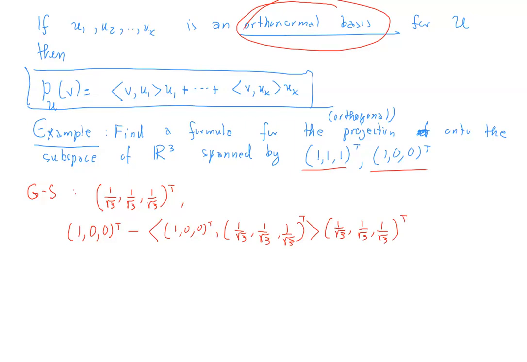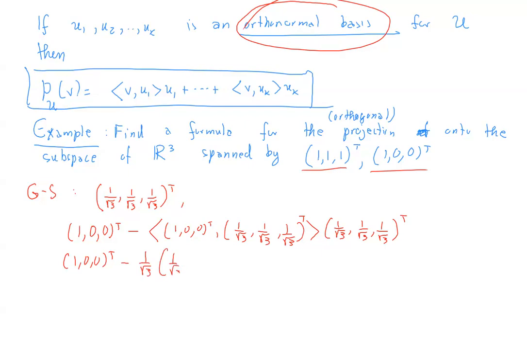Okay. But that's all we need to do here. And what do we get? We get (1, 0, 0) minus, here we get 1 over square root of 3. That's the inner product.